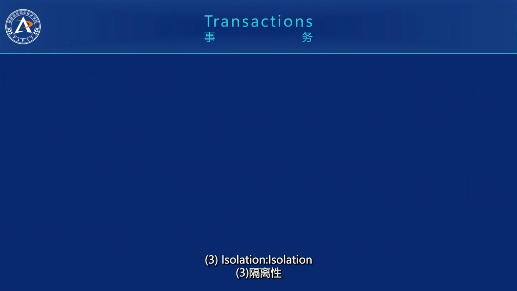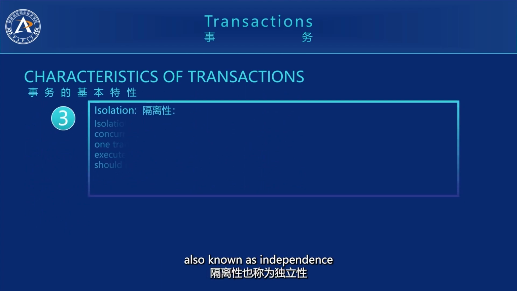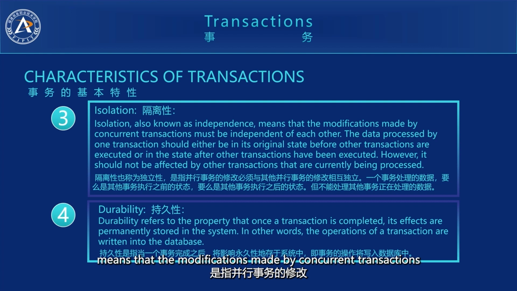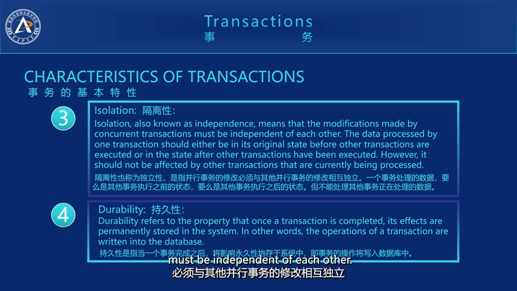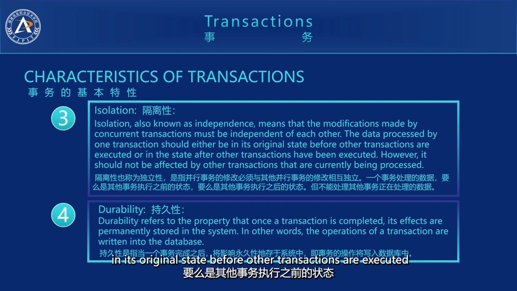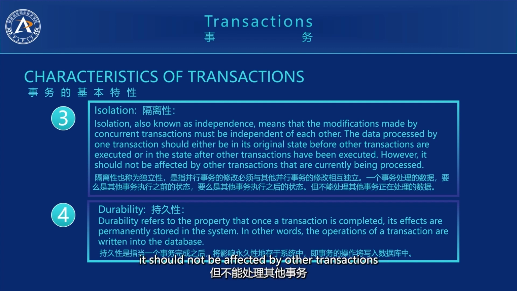3. Isolation. Isolation, also known as independence, means that the modifications made by concurrent transactions must be independent of each other. The data processed by one transaction should either be in its original state before other transactions are executed, or the state after other transactions have been executed; however, it should not be affected by other transactions that are currently being processed. 4.